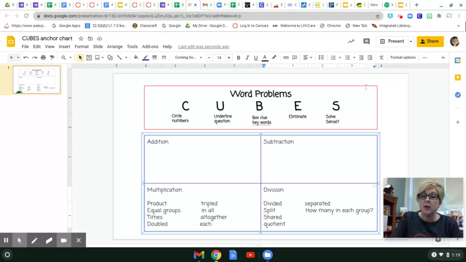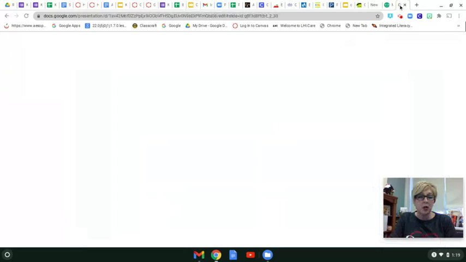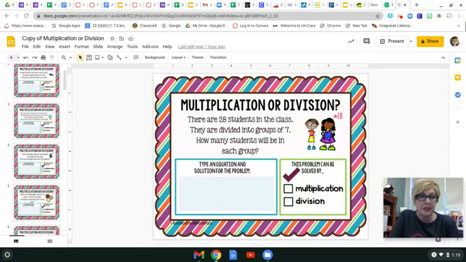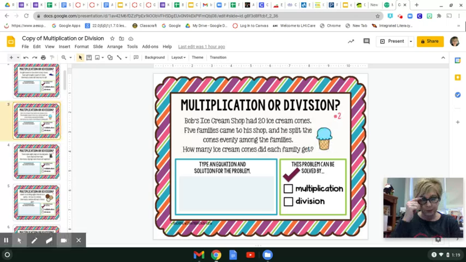So now I'm going to change my screen and we're going to look at a couple of different story problems and see if we can find some of these clue words that might help us. I've got some different samples pulled up. We're going to look at this one first.